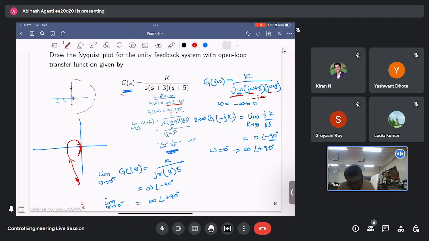Okay, so when we were doing 0 plus to infinity, we put in g0 plus and got infinity at minus 90 degree. So somewhere from here we'll come from infinity at minus 90 degree and end up at 0 with an angle plus 90 degree. Then when I move from minus infinity, at minus infinity I have 0 at minus 90 degree, so this portion, and at 0 minus I have infinity at plus 90 degree, so it will go over there.